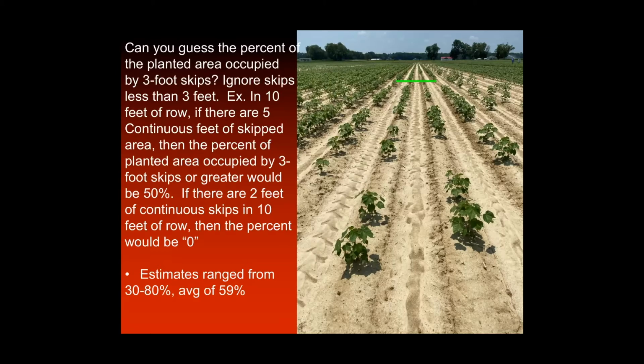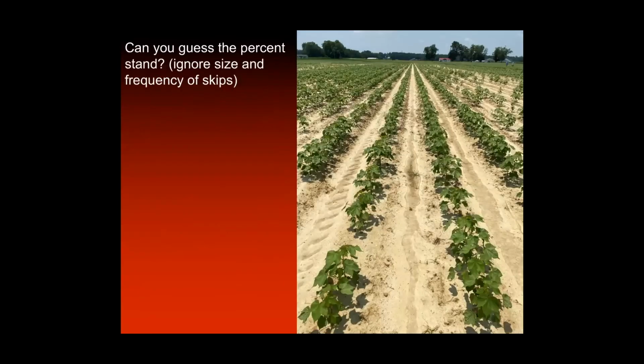They guessed anywhere from 30 to 80% occupied by 3-foot skips or more, with an average of 59%. The actual measurement here was 71%. So there's a little more deviation between visual estimations and manual measurements.